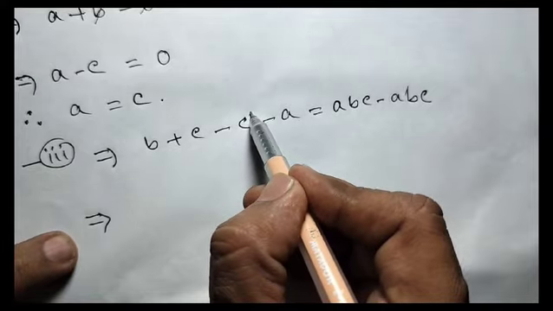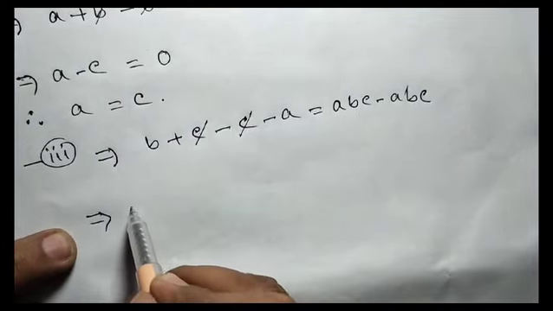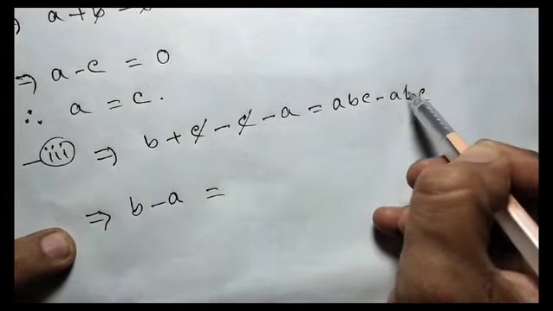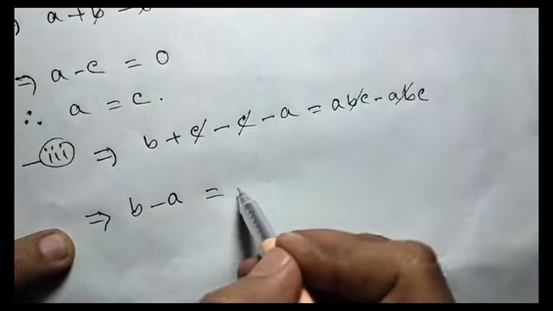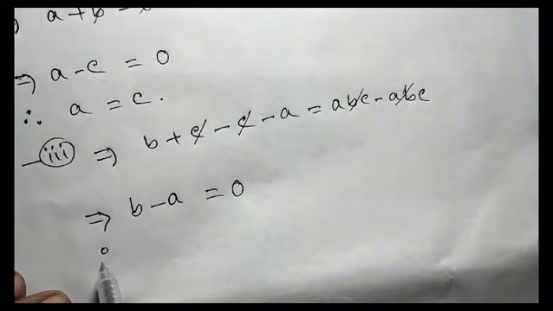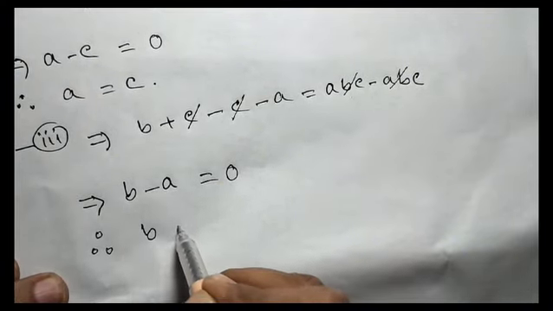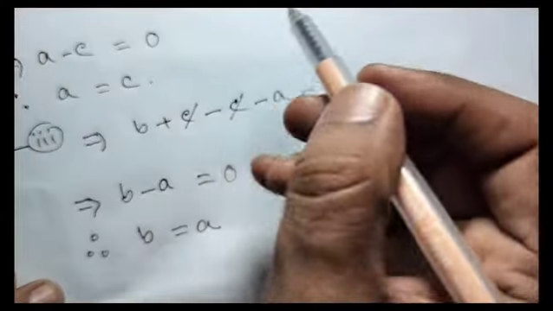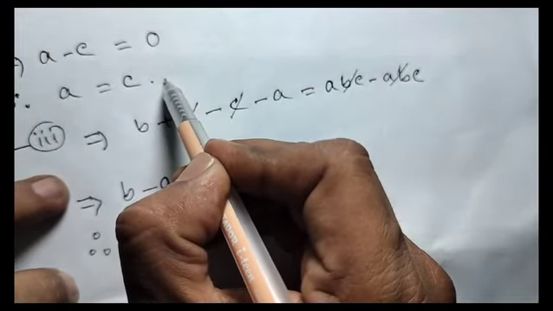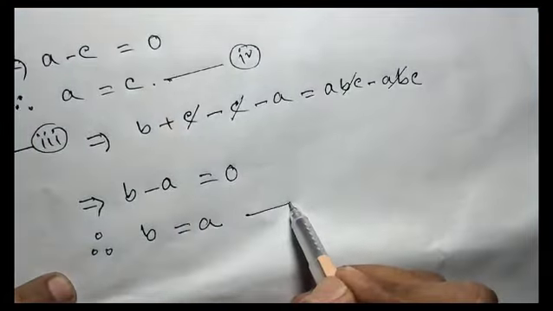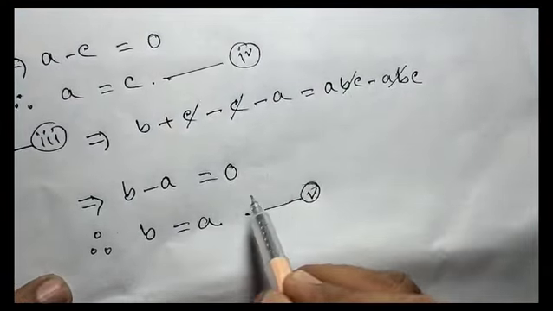The minus c plus c we can omit, so b minus a equals 0. So we can write b equals a. We can call this equation number 4, and this will be equation number 5.